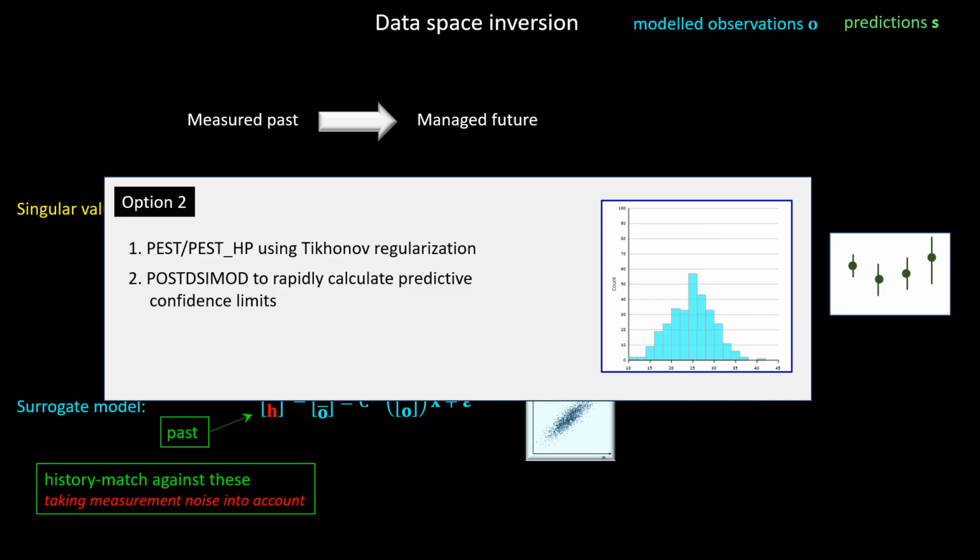Option 2 is that I can calibrate this simple statistical surrogate model using PEST or PEST-HP, using regularized inversion, and then use a little utility named post-DSI mod to rapidly calculate predictive confidence limits, that is, posterior predictive confidence limits.